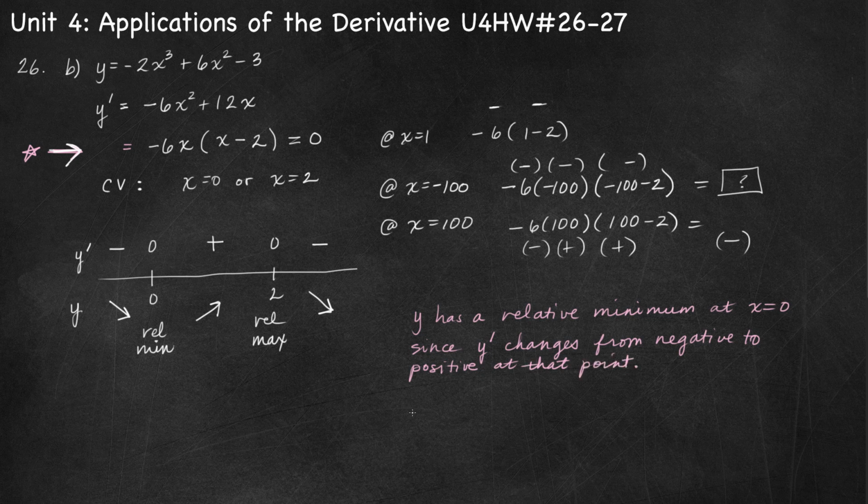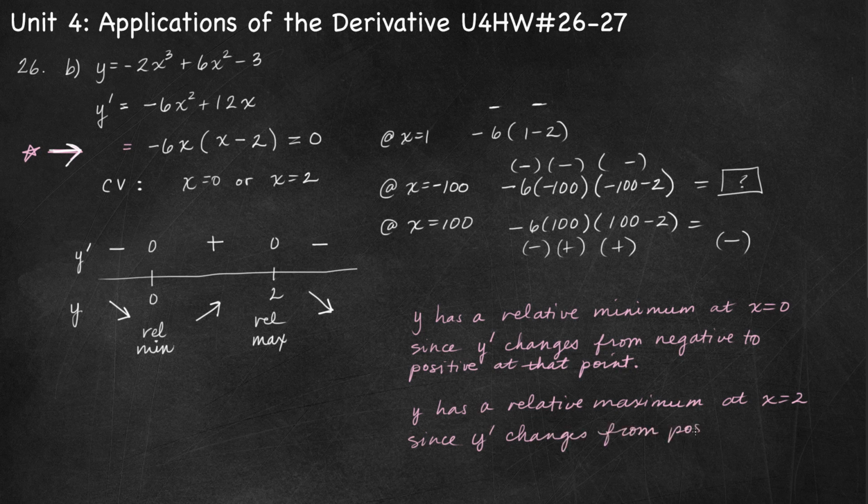And then similarly, we can say y has a relative maximum at x equals 2, since my derivative, y prime, changes from positive to negative at that point.